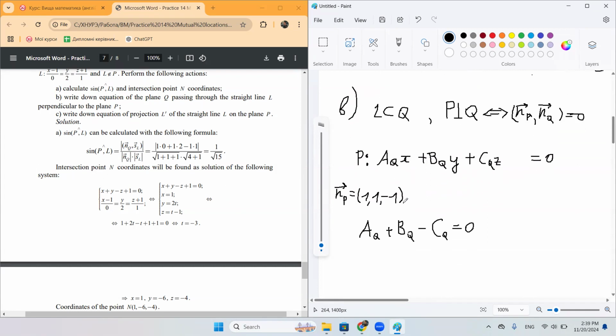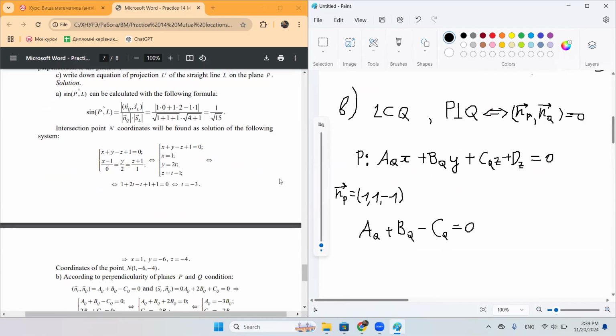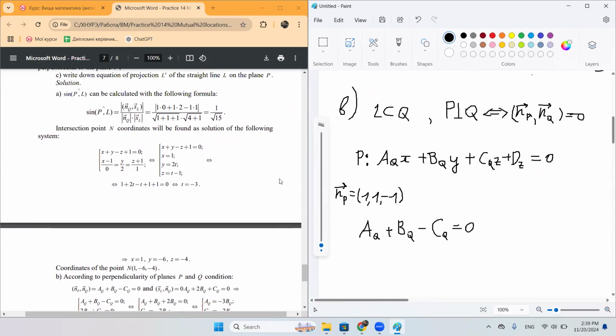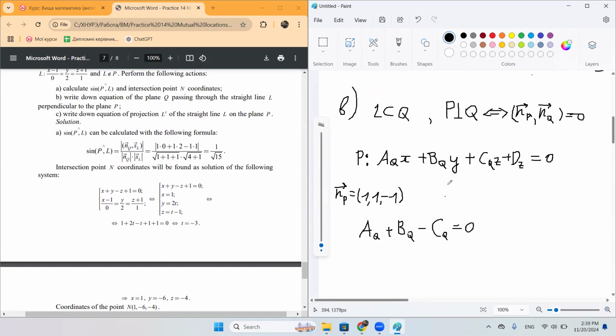What else do we know? We need to find coefficients A, B, and C. The direction vector S of the straight line L is perpendicular to the normal vector of Q, so their scalar product is 0 as well.